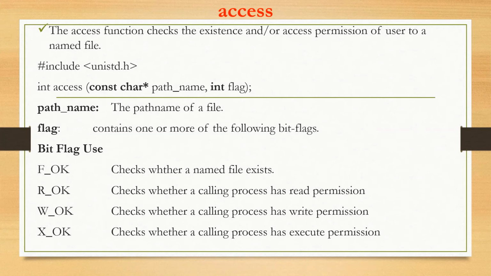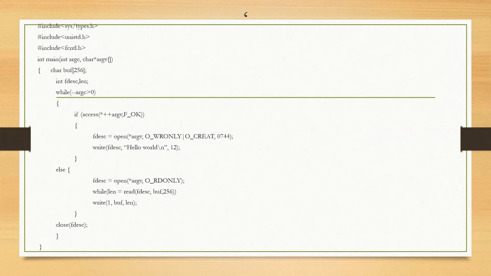The following statement checks whether a user has read or write permission on a file. The following statement checks whether a user has read and write permission on a file.